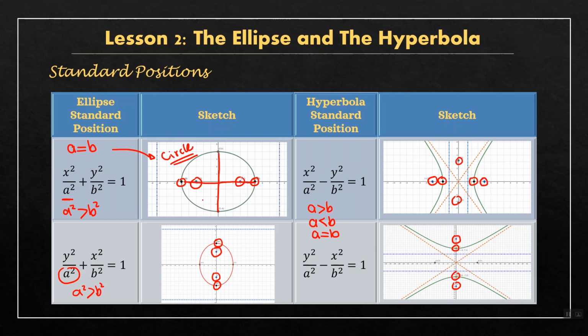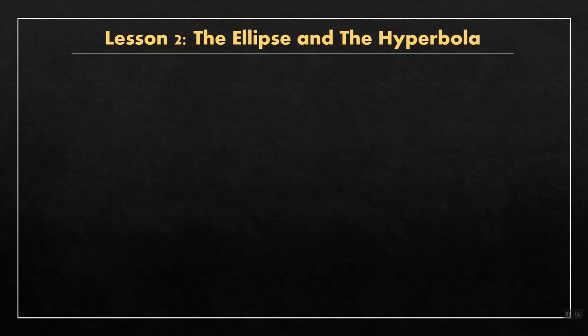If they are equal, then we have a complete circle, okay? So this is why I'm telling you that the circle is a special case of the ellipse. This is the only thing that you need to know about circles this year, that they are a special case of ellipses, and it happens when A and B are equal, or A squared and B squared are equal.